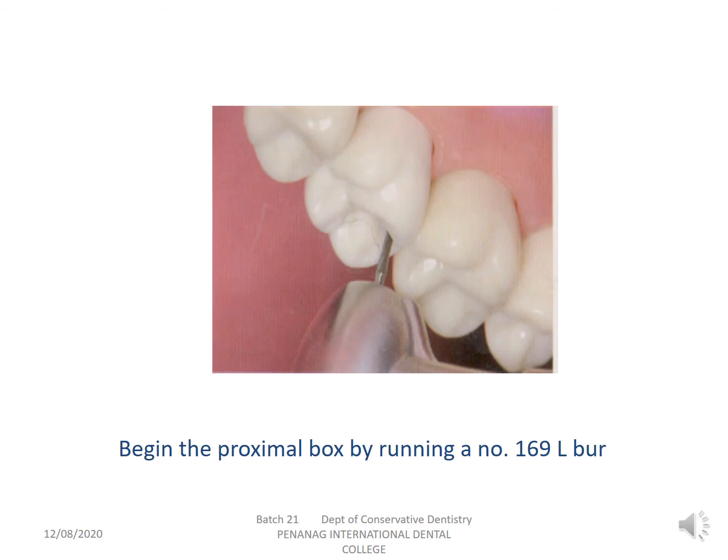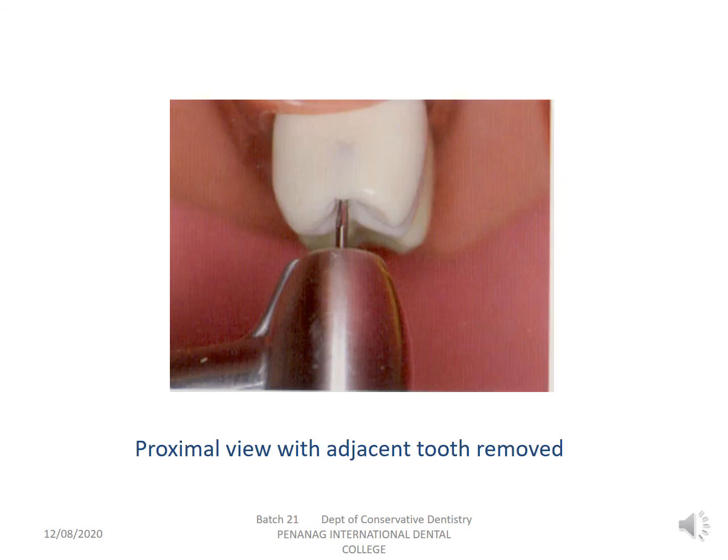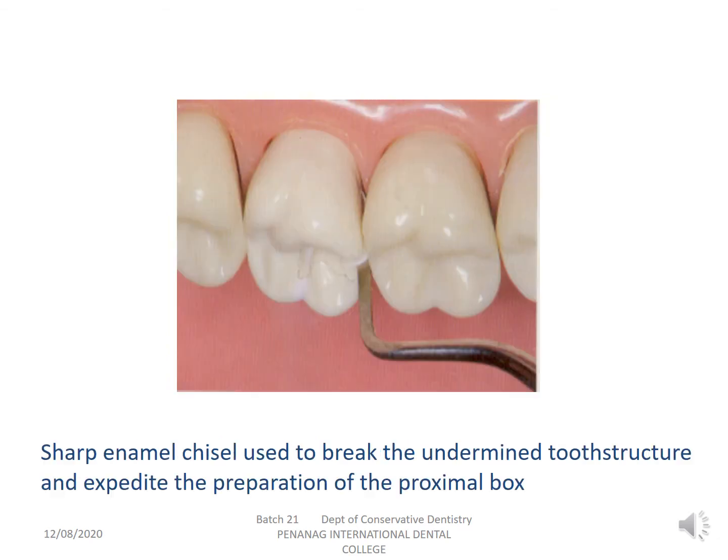Now you change your bur to the 169L bur and go about 1 millimeter deeper. As I said previously, the depth of the preparation was 1.5, and now you will go to 2.5 millimeters, or give a small proximal ditch cut with the 169L bur. Slowly move towards the marginal ridge until the marginal ridge becomes weak and very thin.